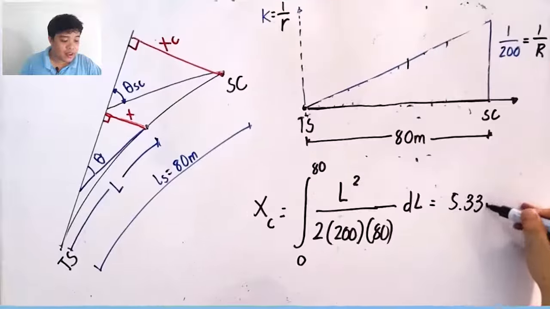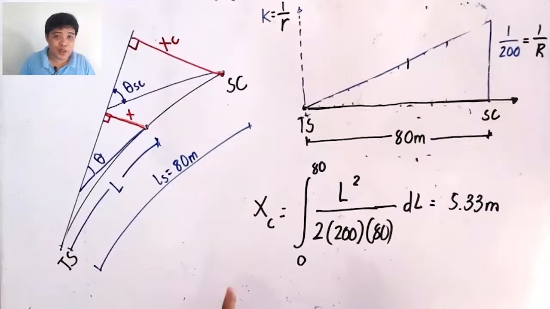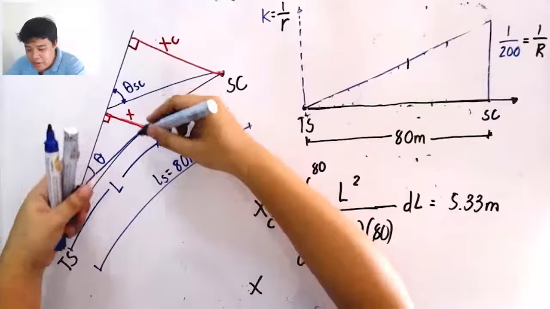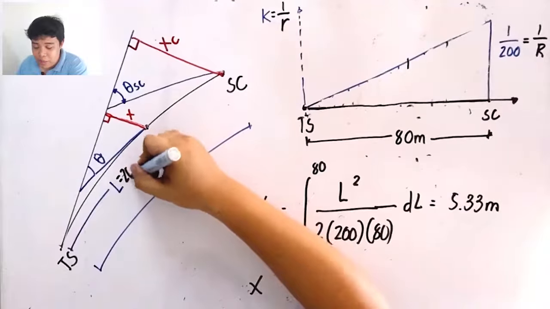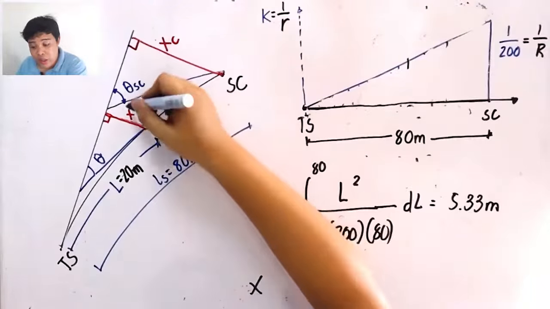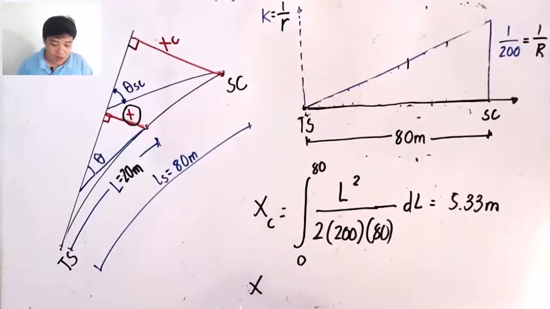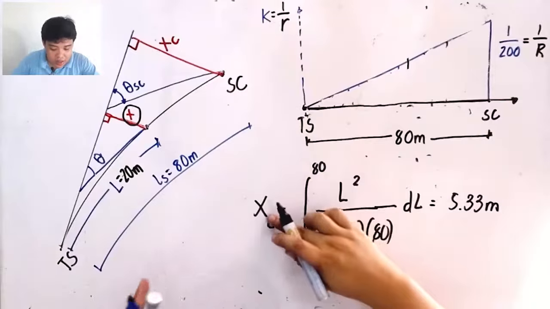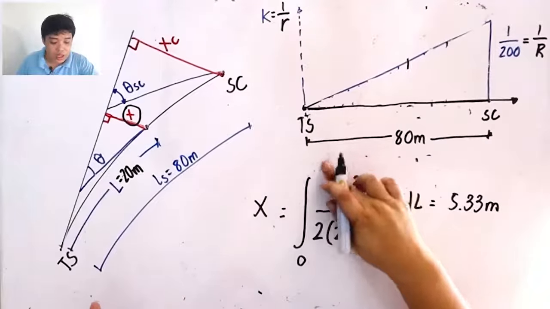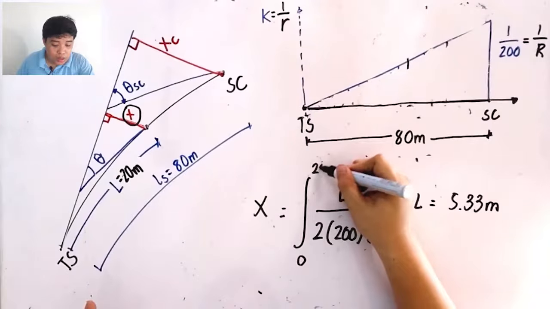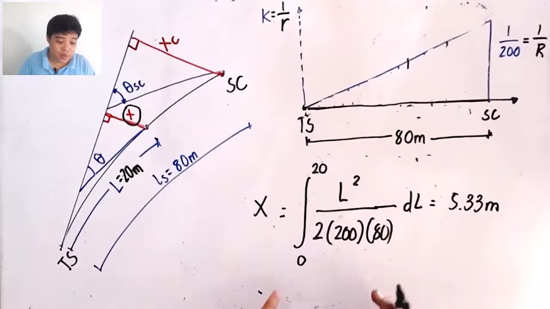meter. And the next question is, you want to find out the value of X at the quarter point. So if you want to get the value of X, let me say, for example, that this is 20 meter, which is the first quarter point, what you are going to do in your calculator is, instead of 80, change this 80 into 20, which is the 1/4 distance from TS.